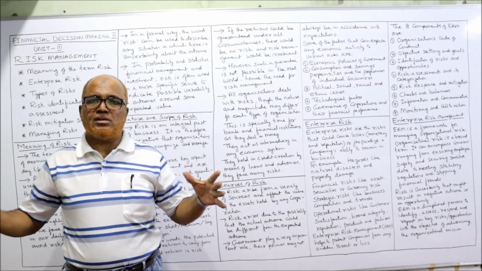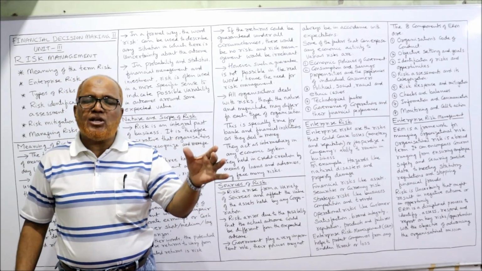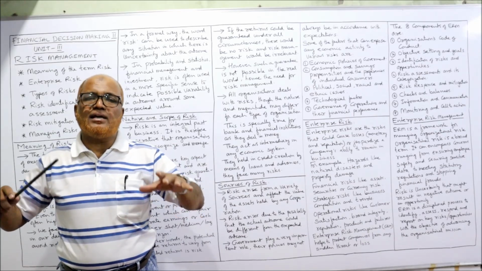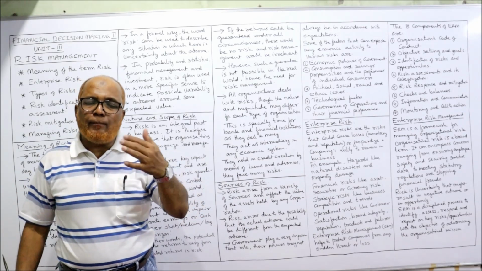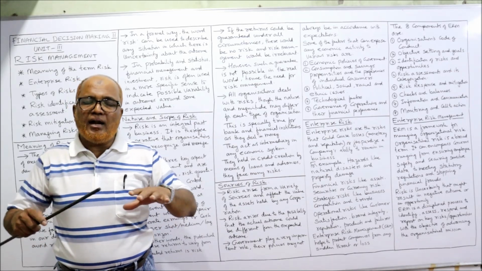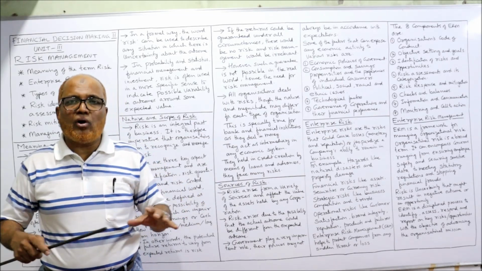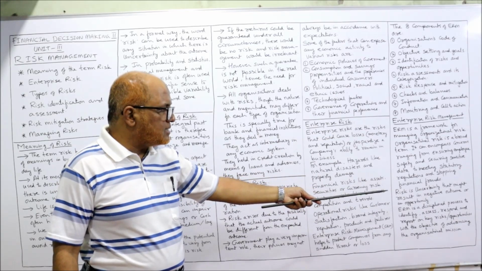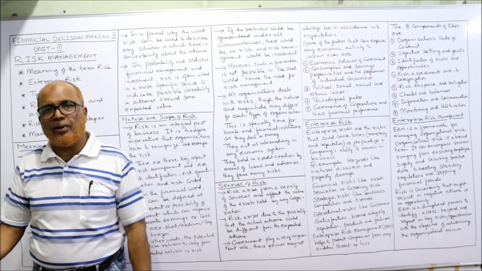It's a very wide concept. Enterprise risk management includes so many things like safety of the employees, complying with the regulations, and preventing the frauds that may happen in the business.